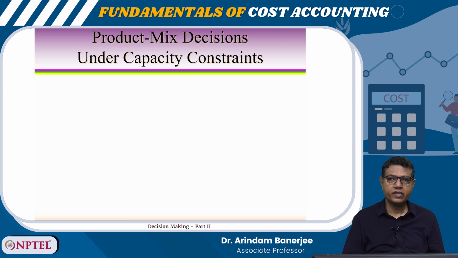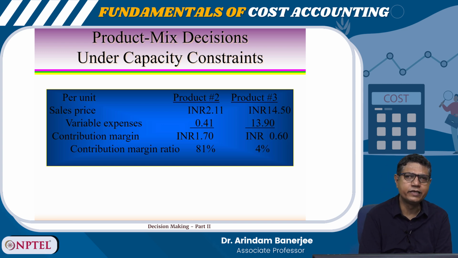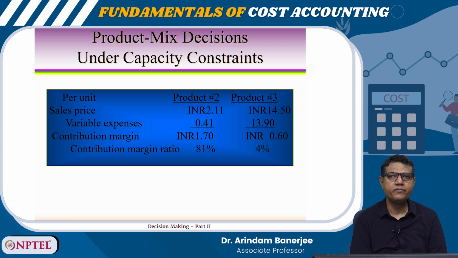Now say there are two examples, product 2 and product 3. Sales price for product 2 is 2.11, for product 3 it is 14.50. The variable expense for product 2 is 0.41 and for product 3 it is 13.90. So contribution for product 2 is 1.70 and for product 3 is 0.60.